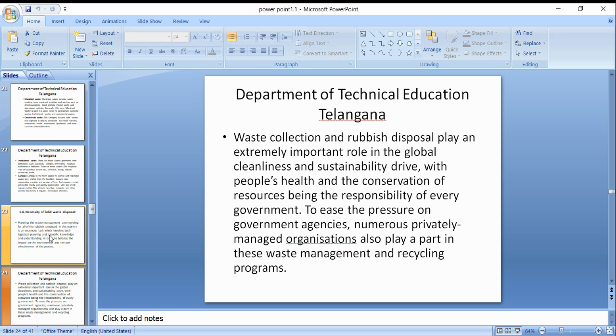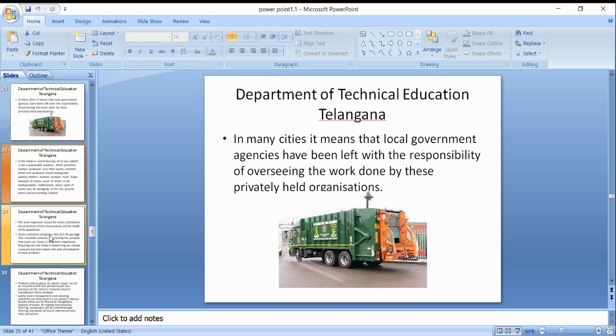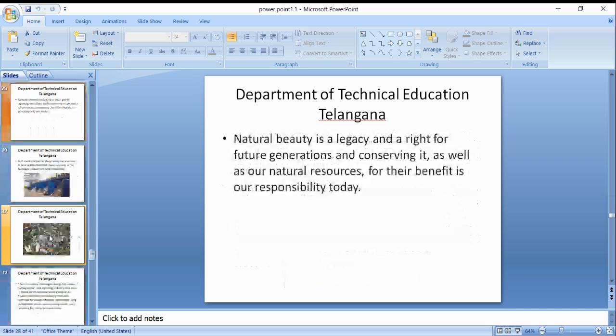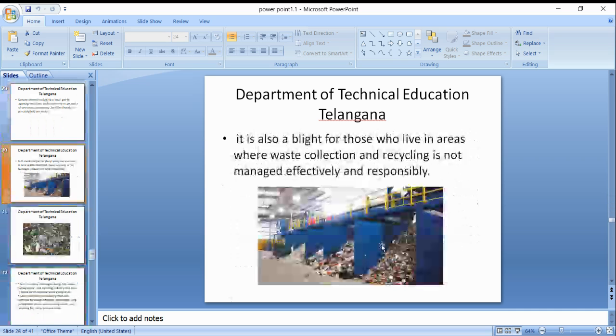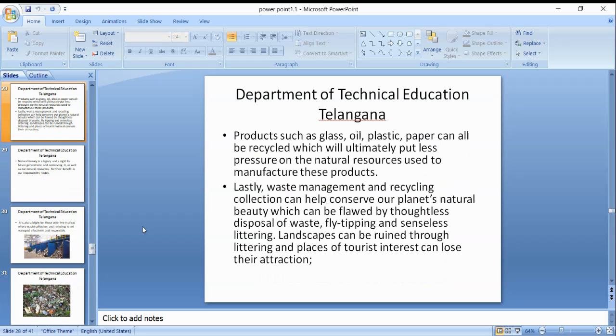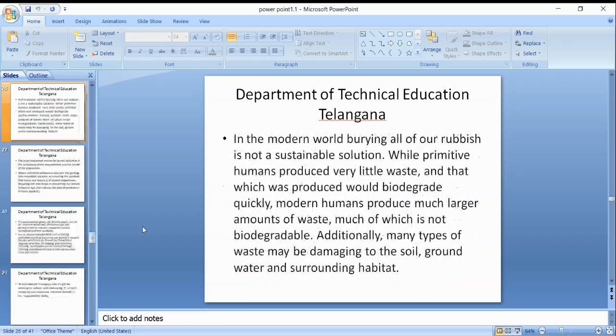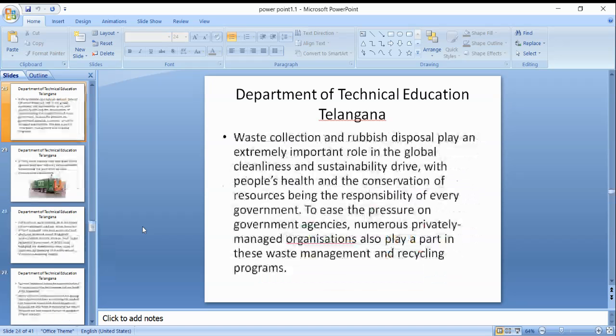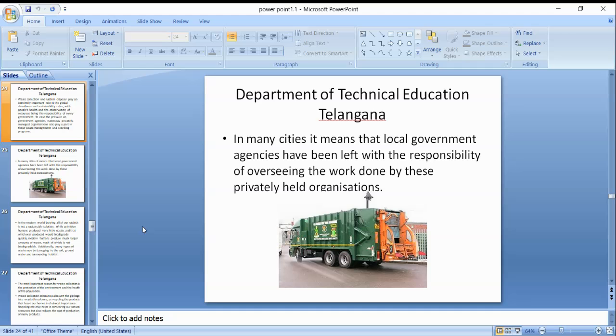They will segregate the waste: glass, plastic, paper, ash and concrete, and they will dispose of it. So some private organizations came to take all of this and became a part of waste management, and they get money at the same time.